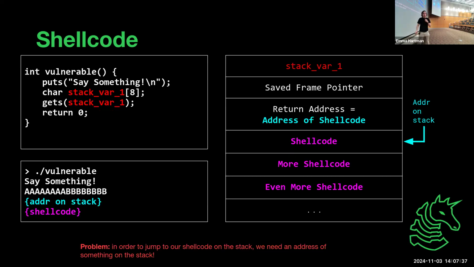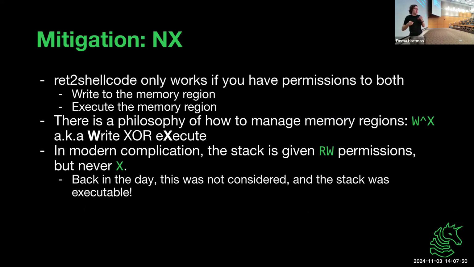One mitigation for this: as you saw earlier, we're placing our shellcode in the payload, which would be put onto the stack. So we can say, well, these are variables, right? Maybe they're not code, so we shouldn't be able to execute them. This kind of exploit only works if the memory that you place your shellcode into is executable.